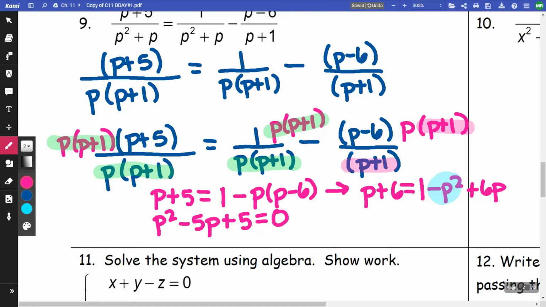Let me just double check my math here. I got a p squared minus, oh yeah, plus 6p, that's correct, just double checking.